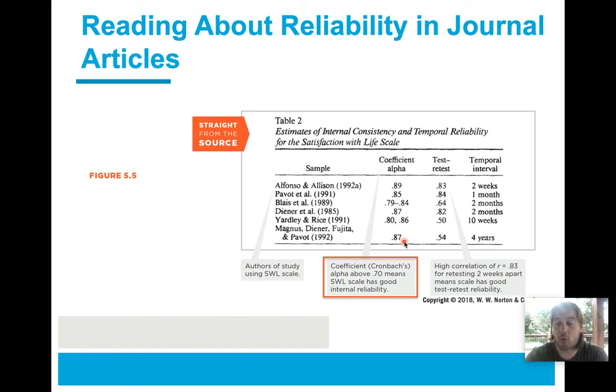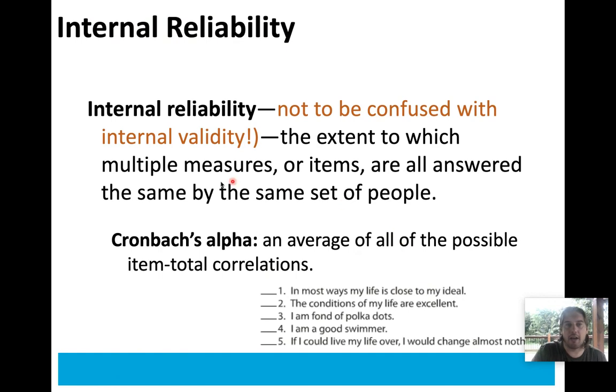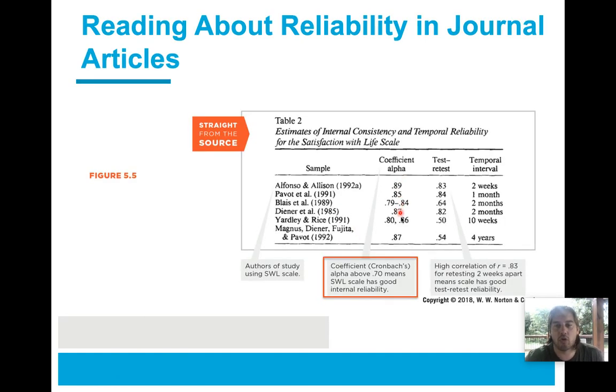If we remember about correlations, as we approach 1, it gets stronger. And so these results tell us that we have good inter-item correlations. We have high internal reliability because our Cronbach's alpha, our correlations among the items, are approaching 1. They're very high. In general, we want to see a Cronbach's alpha greater than 0.7.